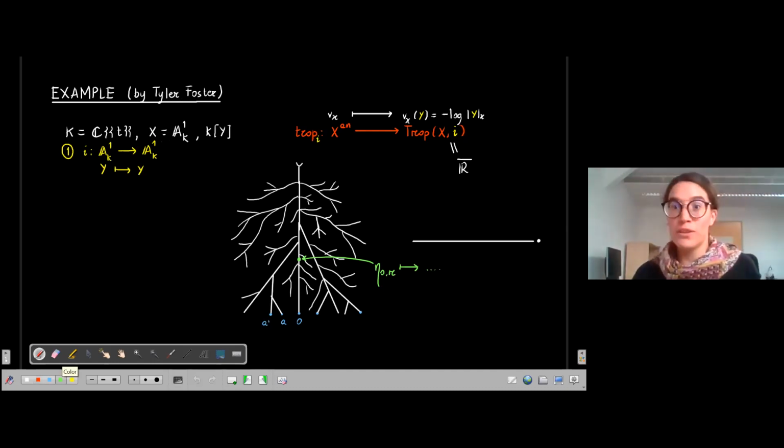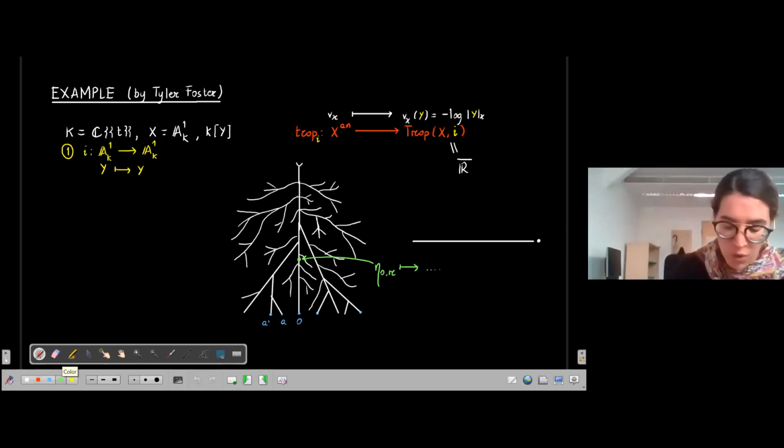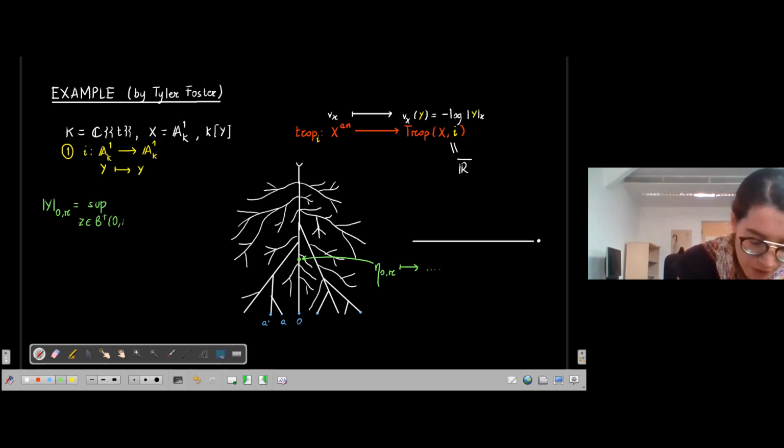So let's follow the definition. We want to compute the norm of y at eta_{0,r}. By definition, this is the supremum on the ball centered at 0 and radius r, where we take all these elements z and evaluate this polynomial.